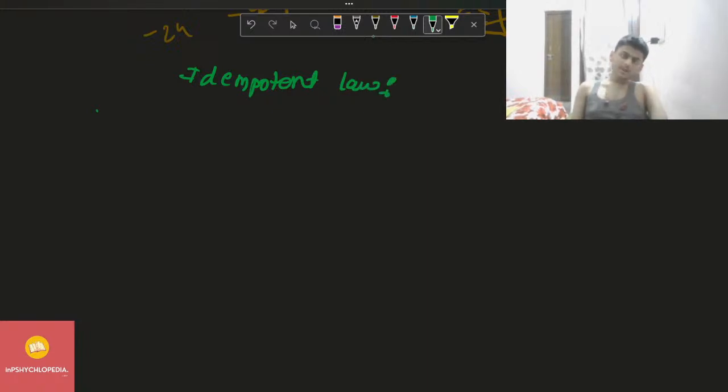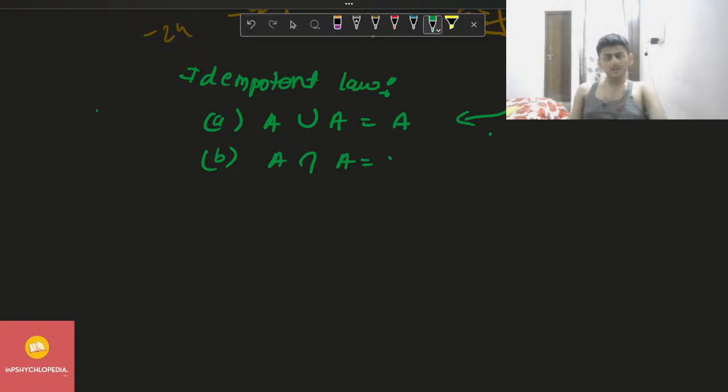The idempotent law is that set A union set A will give set A only, like 0 plus 0 is equal to 0. Here also set A union A will give A only, then A intersection A will give A only. So these two are idempotent.